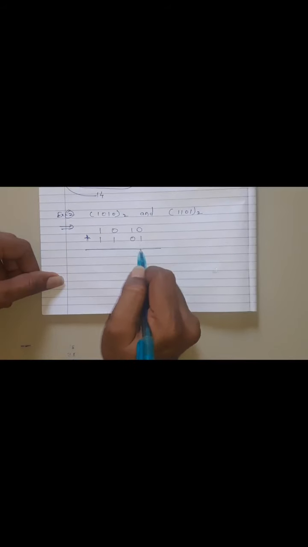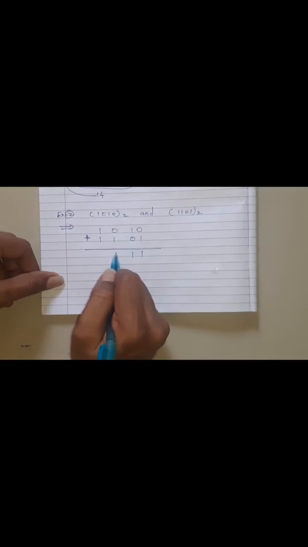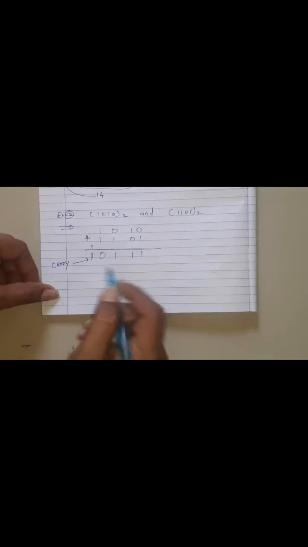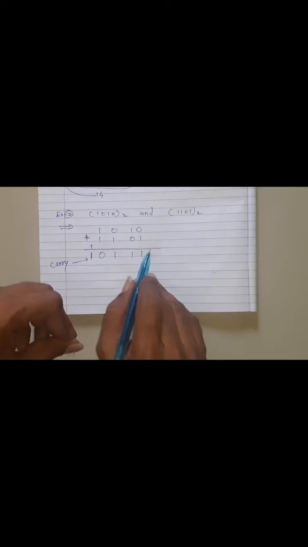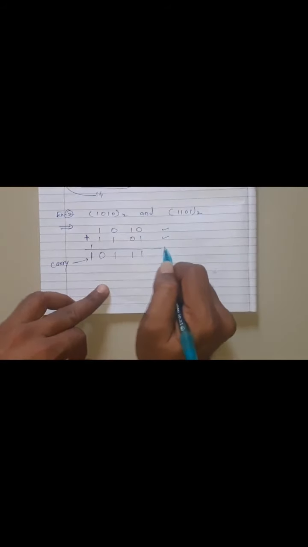0 plus 1, 1. 1 plus 0, 1. 0 plus 1, 1. And 1 plus 1, 0 with 1 carry, and that carry is written here, and this is called a carry. These are the addition of these two numbers.